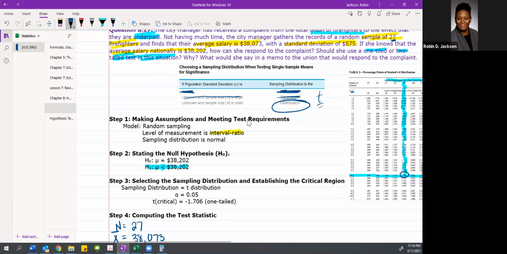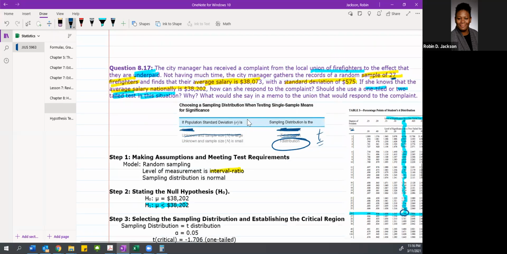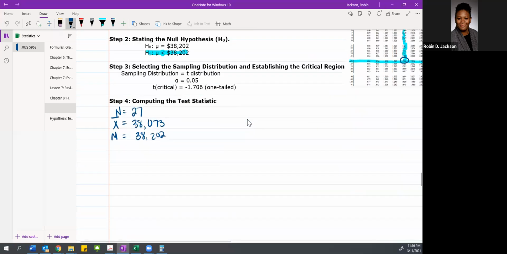Oh, it's actually right here. $38,202. And the standard deviation is $575. So let's write the sample standard deviation is equal to $575. Okay, so let's go ahead and work on that calculation.